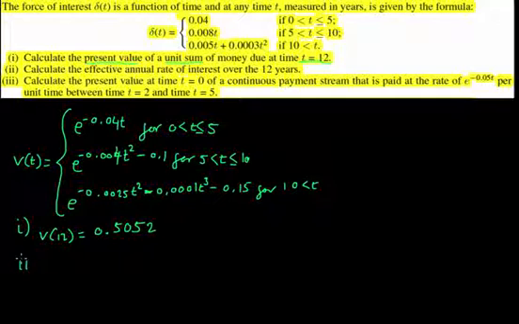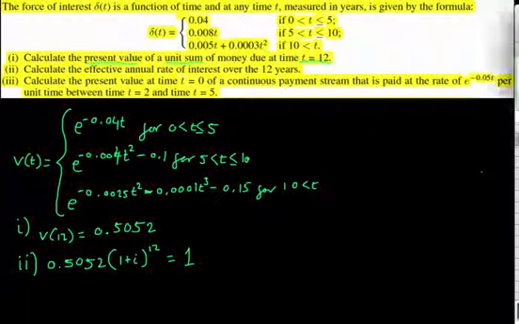Let's look at part 2: calculate the effective annual rate of interest over the 12 years. That's really saying if we've got some amount of money, in this case 0.5052, what interest rate over 12 years will give us one whatever.